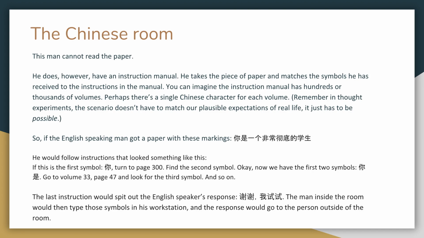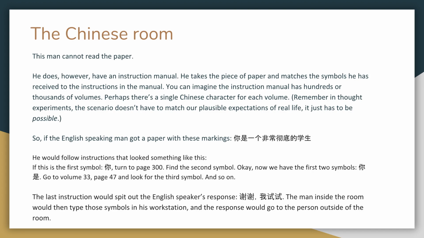So I have a little example here of what a little subset of the instruction manual might look like. He'd take this string of Chinese characters that I have up here on the screen, and he'd follow instructions that looked something like this. If this is the first symbol, turn to page 300. Find the second symbol in the columns.